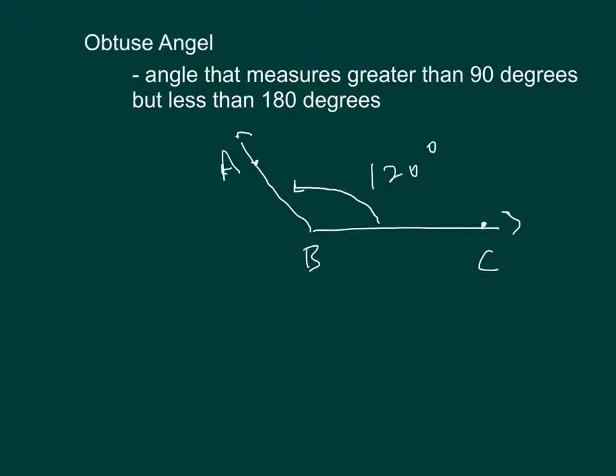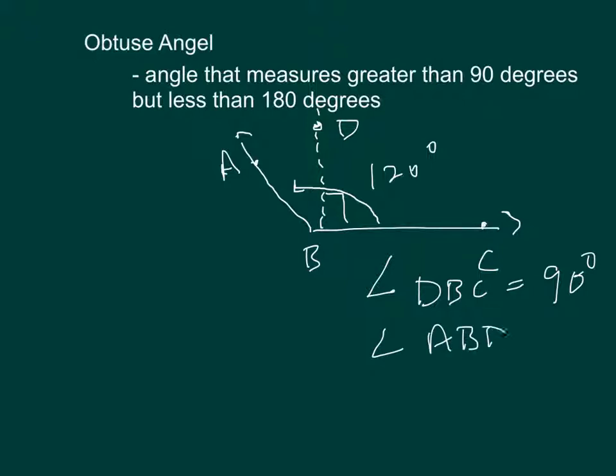So we've extended it: if we put in a 90-degree angle here, call that angle DBC, we notice that angle DBC equals 90 degrees, and angle ABD would equal the difference between 120 and 90, which is 30 degrees.